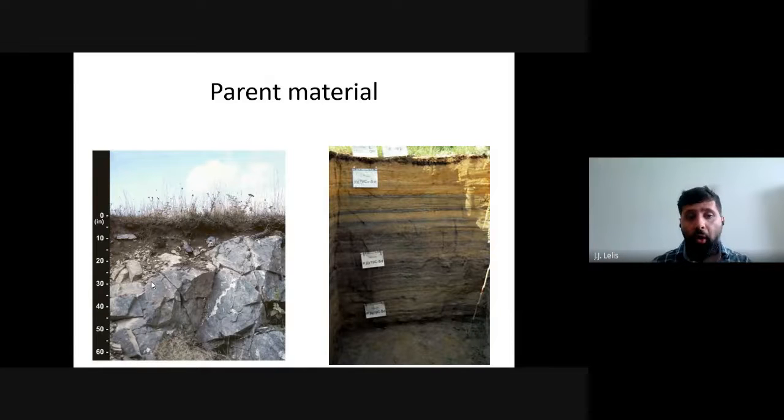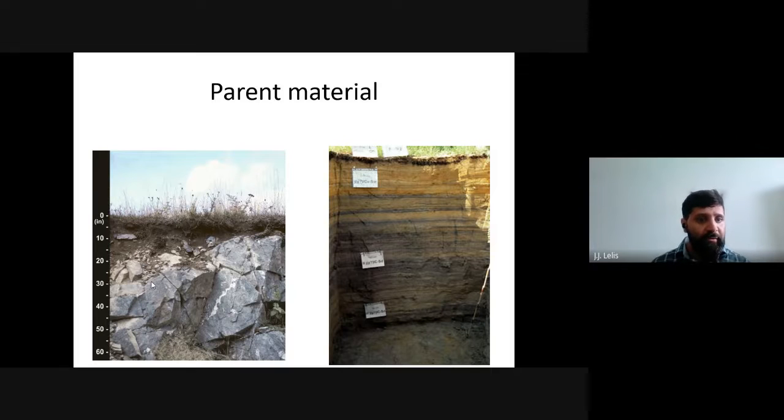The colors are quite different. Some of them are very yellow, very highlighted, and the other ones are redder. So we can see a difference of colors very easily, but the morphology, the structure, the consistency, and maybe even the texture could be very similar.